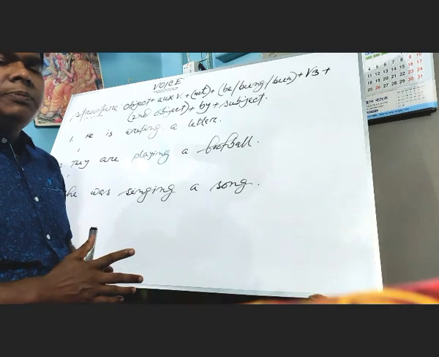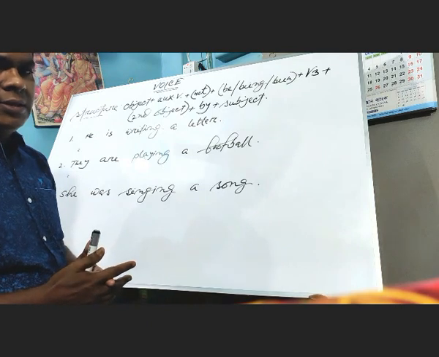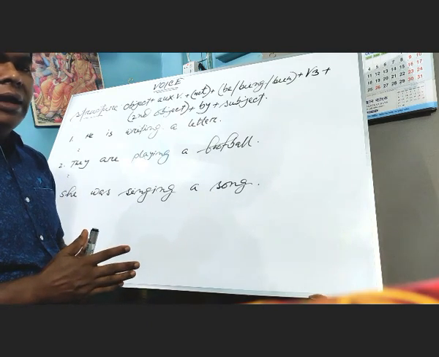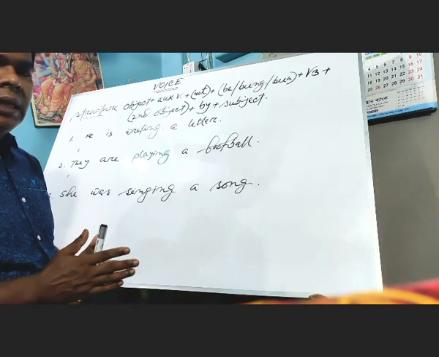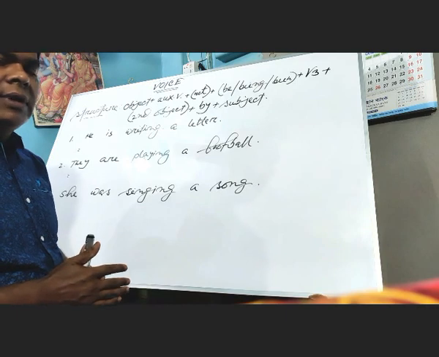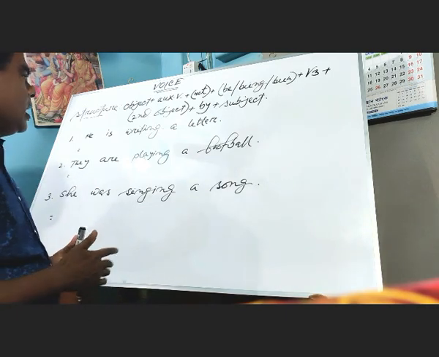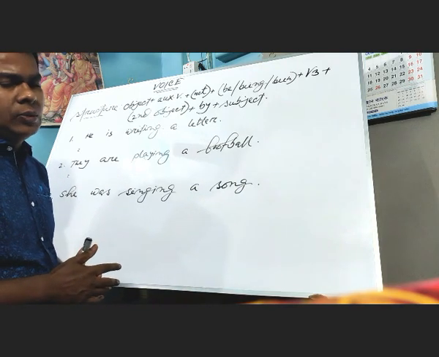This is the easier method to find the main verb. If you find an auxiliary in a sentence, you will easily be able to recognize the principal verb of that sentence, because after the auxiliary, the main verb is used.